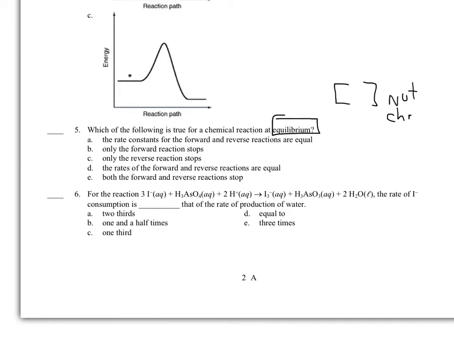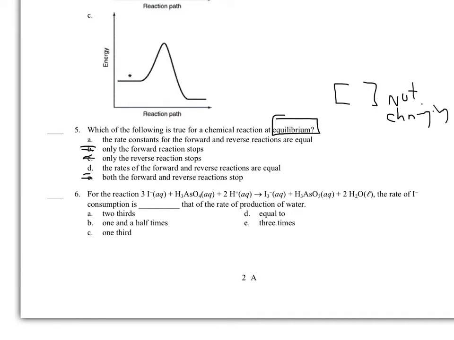It doesn't mean that they've stopped, it means that they're not changing. And so B and C have to be false. Those cannot be true, and E is also not true. And so it leads us to two things, A and D.